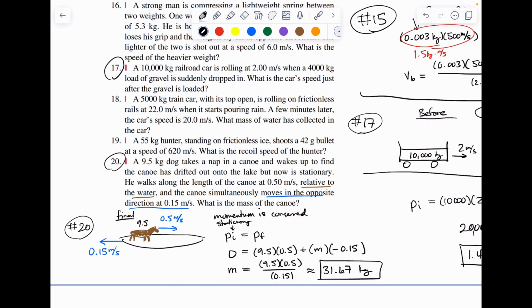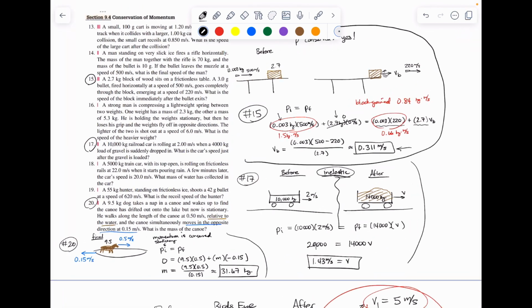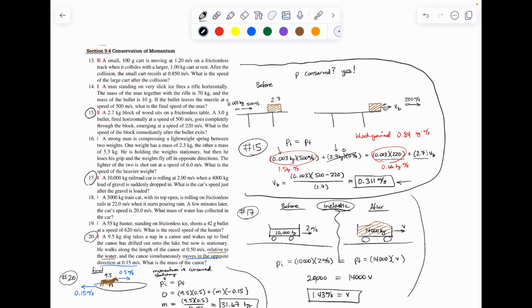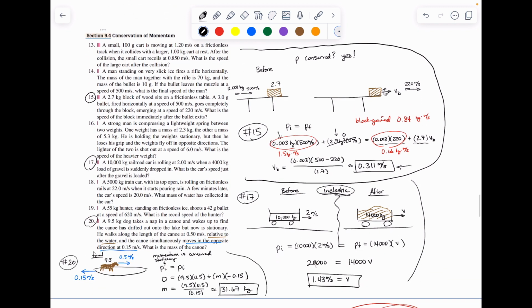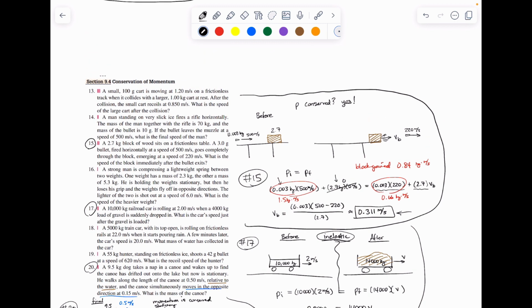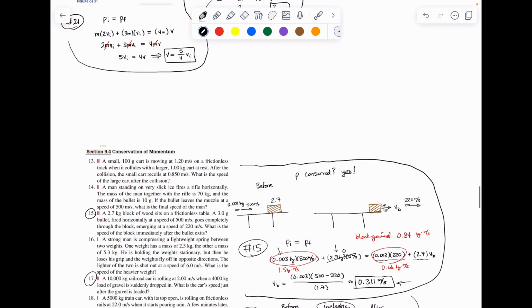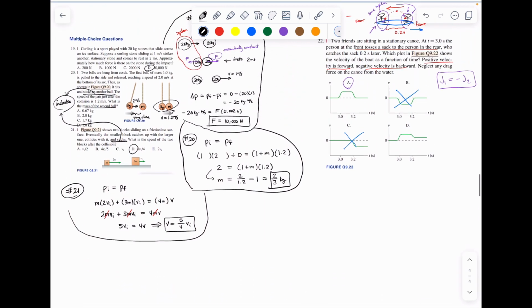So that is apparently the mass of the canoe. Awesome. Okay, so be on the lookout. I'll work out the others. I'm running on steam here, so I'm not confident that I can just wing it and answer all these correctly. So I'll make sure to take my time and also organize all these answers here. And you guys can check the answers at another time.